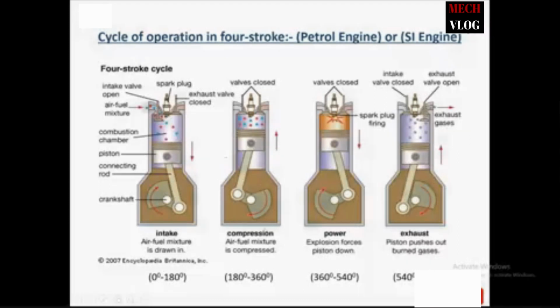From 180 to 360, the second stroke occurs. That means one complete revolution is completed. And the power stroke is again 360 to 540, and the exhaust stroke 540 to 720. So here two complete revolutions of the crankshaft and four strokes of the piston are completed, so that we get a power stroke.